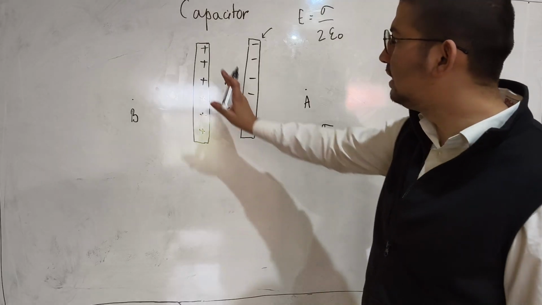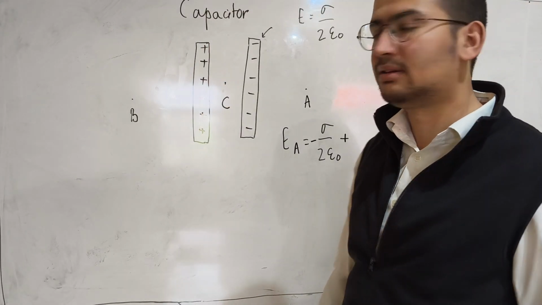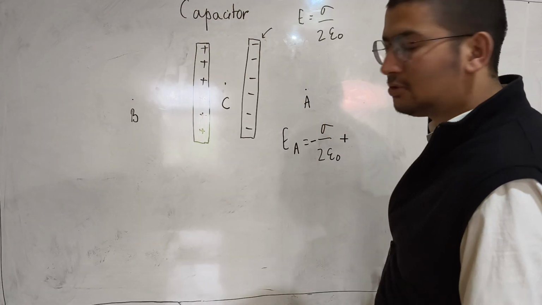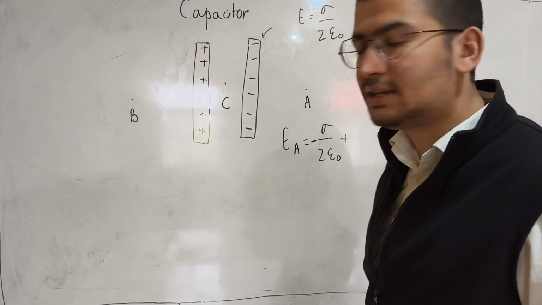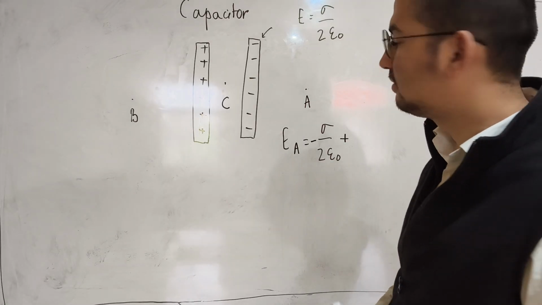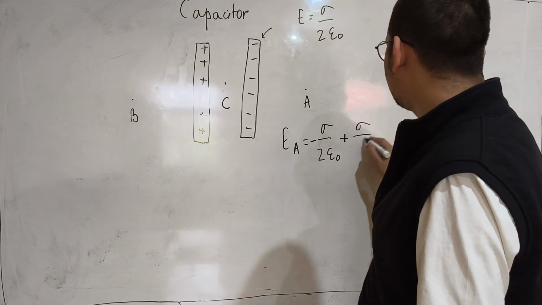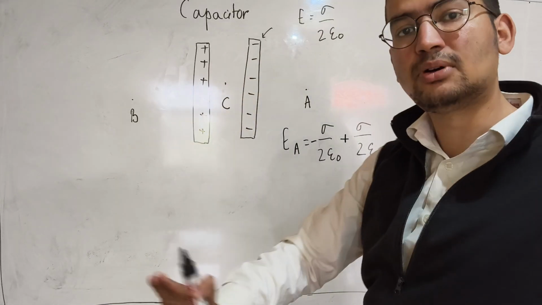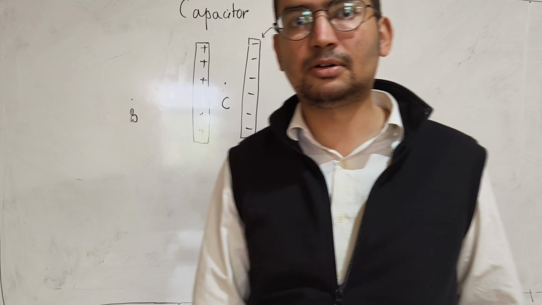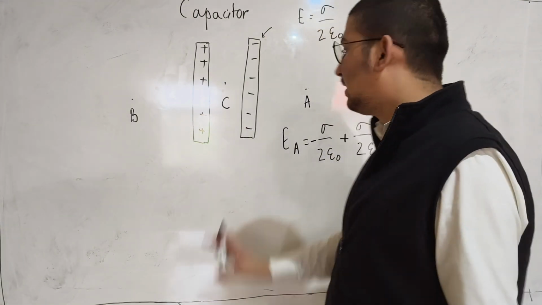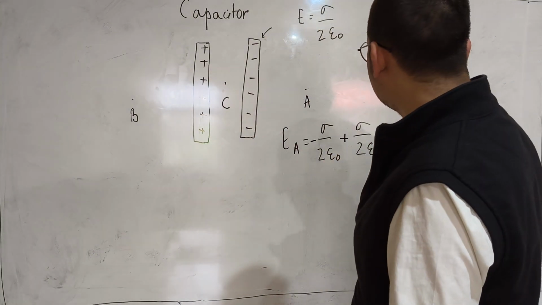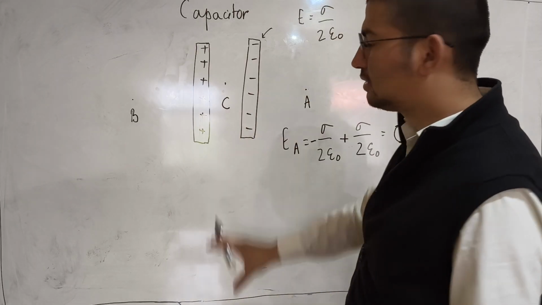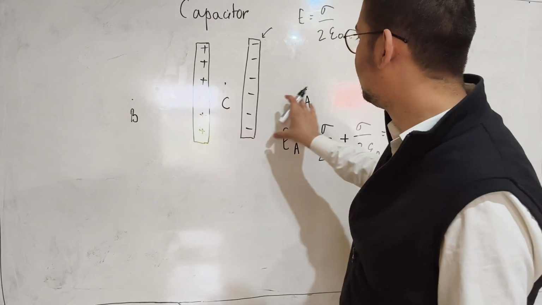And the electric field due to the positively charged plate at A is directed to the right, so I can use the positive sign: plus sigma by 2 epsilon naught. The electric fields due to both plates are equal in magnitude but opposite in direction. So the net electric field at A is 0. So there's no electric field outside of the plates at A.